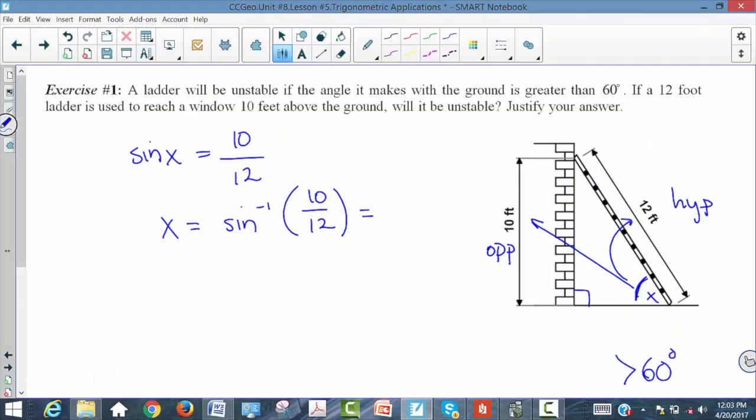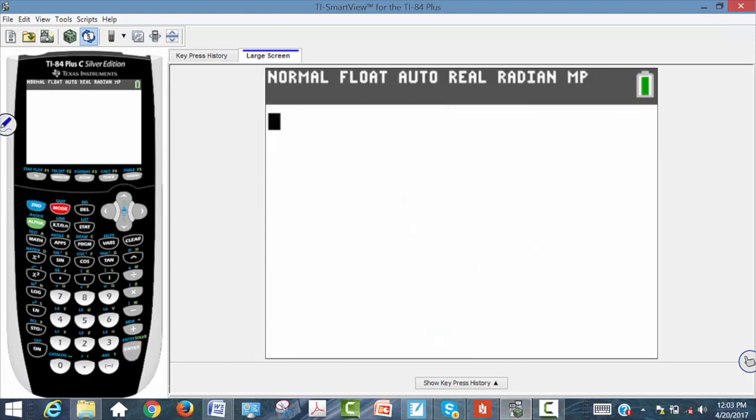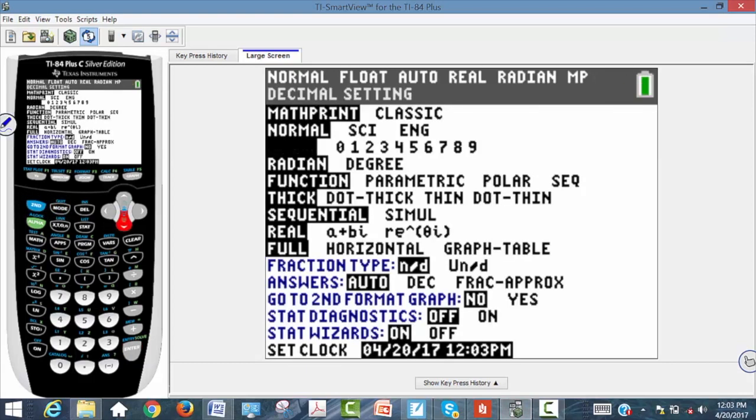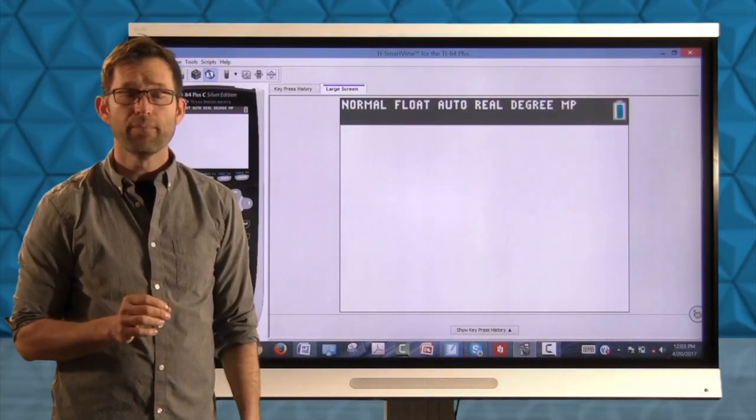Let me go into my Texas Instruments calculator, and make sure your calculator is in degree mode. Right now, mine is in radian mode. The mode button is right there. Go down and pop myself into degree mode. Most of you should probably be in degree mode because we've been doing a number of trig problems at this point.